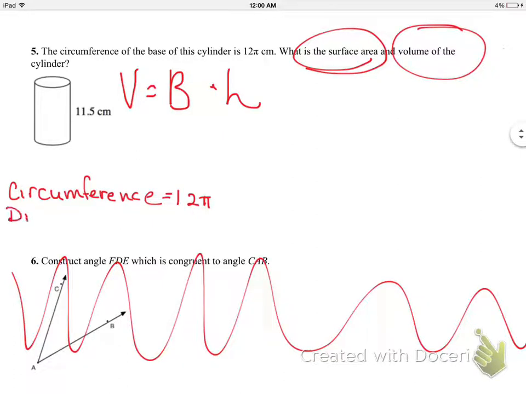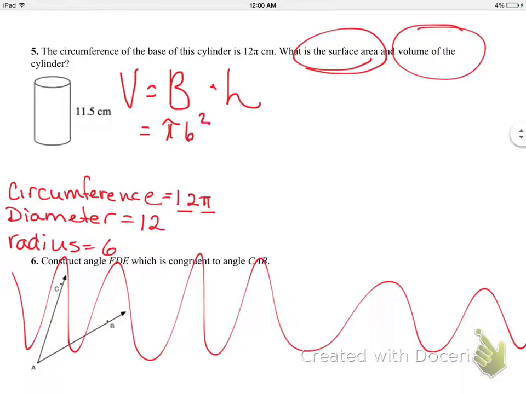So the diameter, if I need a circumference, I just use pi d. Well, that means my diameter is 12 and my radius is 6. So the volume for the area of the base is pi r squared.